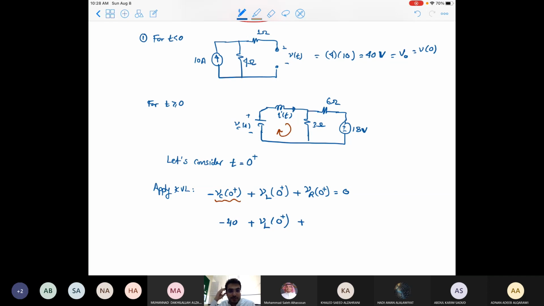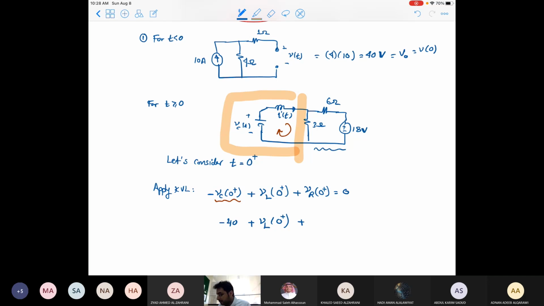What is the current passing through the inductor here at t equals 0 plus? 0, exactly. So the current is 0. So in this case, we can think about the entire part of the circuit here as not being connected to the remaining part here.